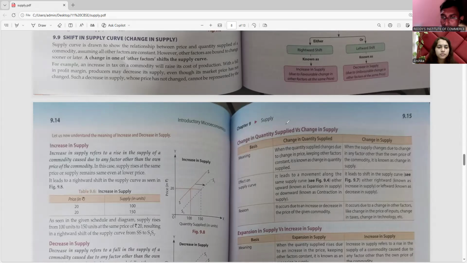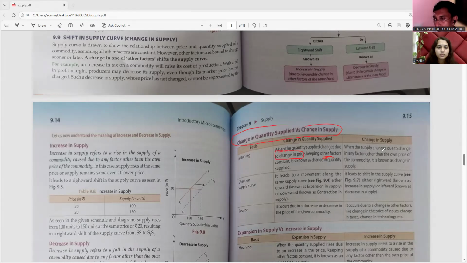Then, change in quantity supplied versus change in supply. Again, you can see the definition. When the quantity supplied changes due to a change in price, but other factors remain constant.